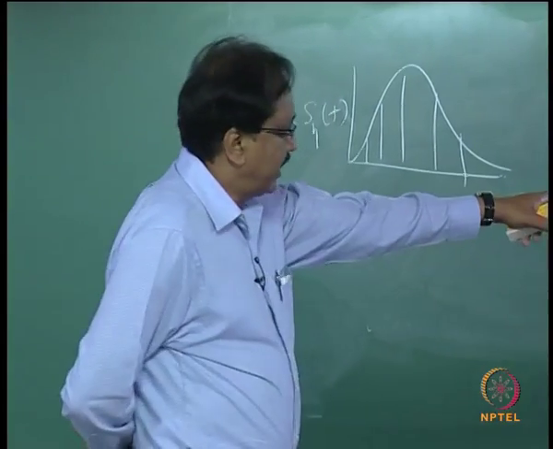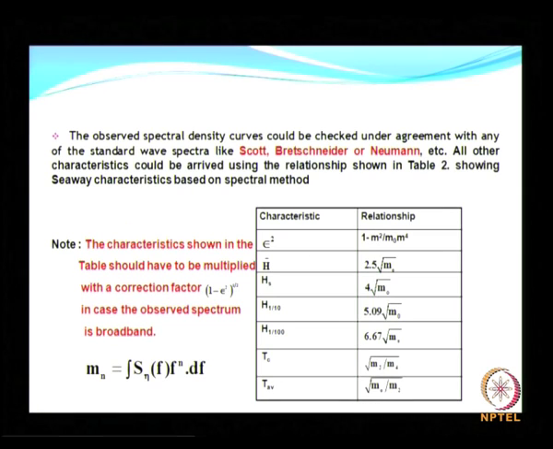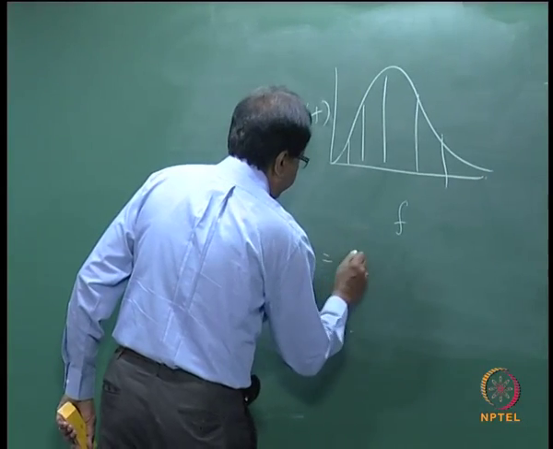So I simply use that expression m suffix n, where n is the order of spectral moment. So this will be spectral density multiplied by frequency to the power n. n is the order of spectral moment.